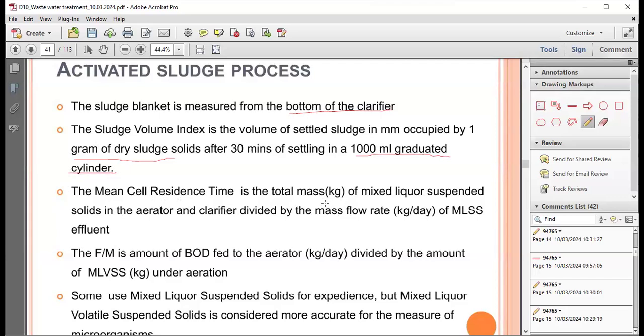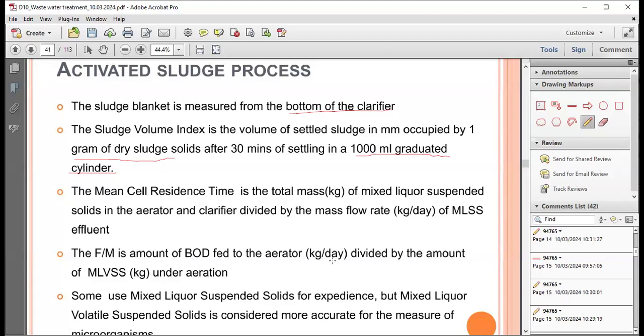Mean cell residence time is the total mass. F by M is the amount of BOD fed into the aerator, kilograms per day, divided by the amount of MLVSS. Aerator means the producer of aeration, an air injector.